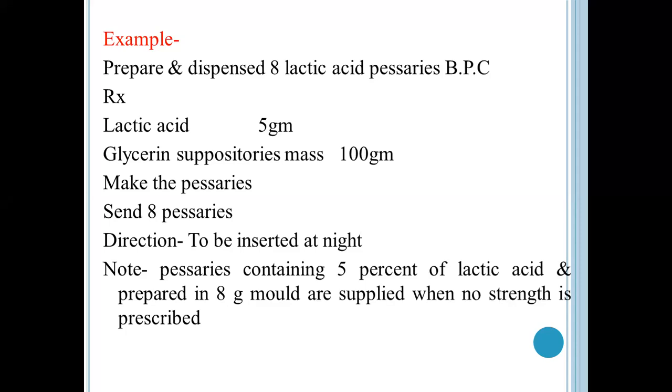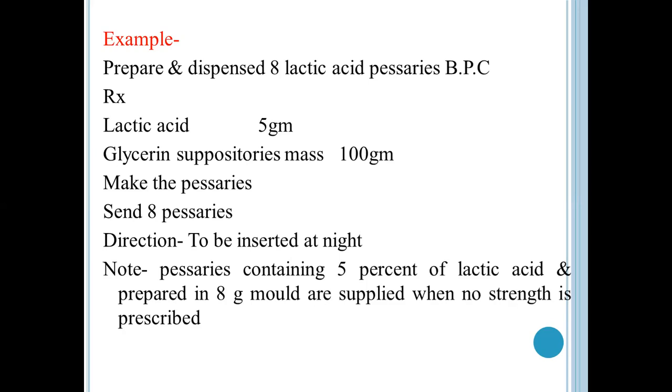Then next step is we have to take this glycerol suppositories mass. Glycerol suppositories mass is a suppository base. So we have to take this base into the china dish, or porcelain dish, in which we put this glycerine base, and it is melted in the china dish at 100 degrees Celsius and kept on the hot water bath.